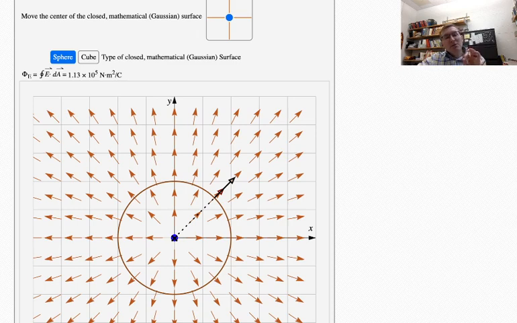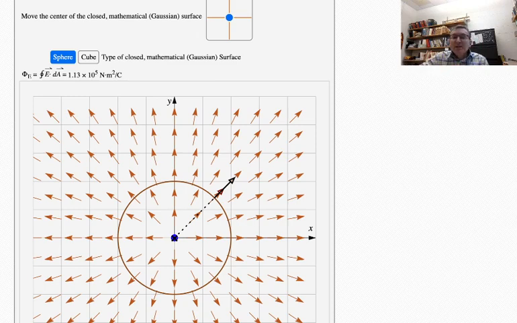The animation also shows in 2D cross-section a closed Gaussian surface, which right now is shaped like a sphere. It looks in the diagram like a dark red circle, but it really is a cross-sectional slice of a sphere, a closed surface completely surrounding this charge.